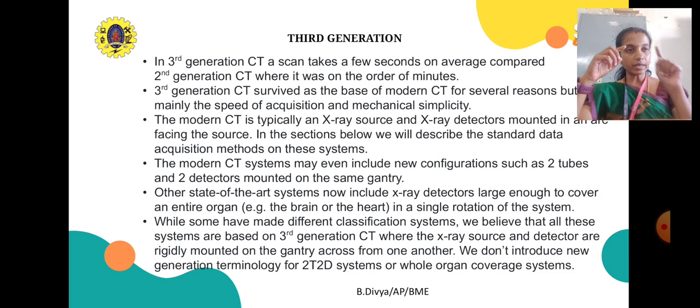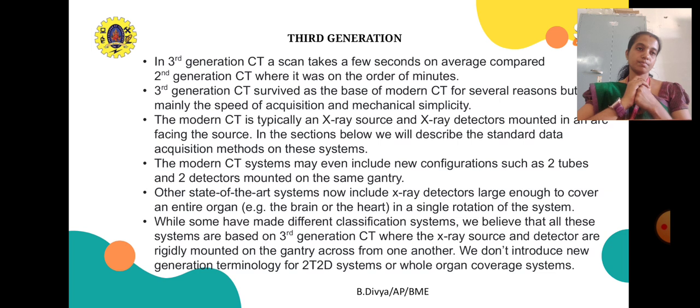The entire gantry will have a source and a detector, so the process will be very easy and very quick. Within a fraction of a second, we will be able to take the CT images in the third generation system. We don't introduce new generation terminologies for 2D systems or whole organ coverage systems.